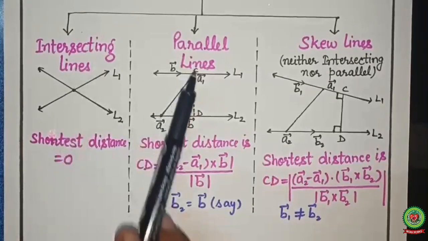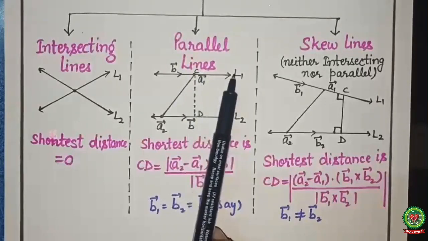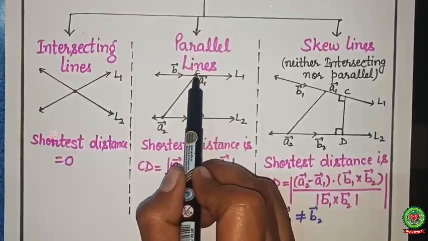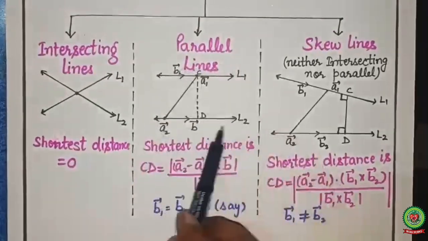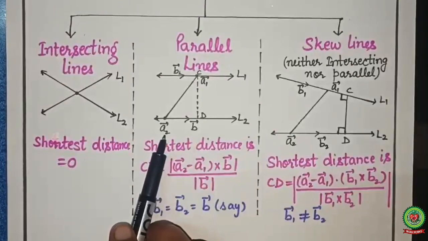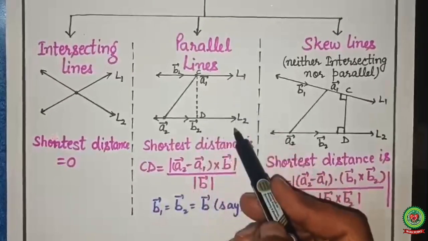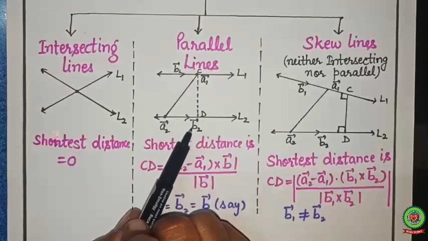Now the second type of lines are called parallel lines. Suppose one line passes through point A1 with direction ratios B1, and the second passes through point A2 with direction ratio B2. As the lines are parallel, they must have equal direction ratios.